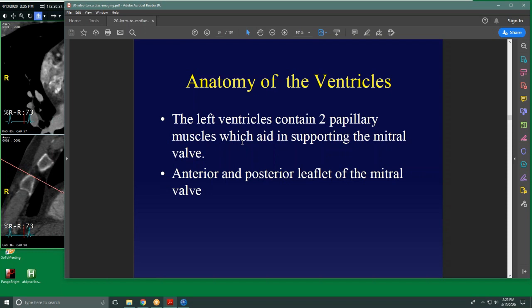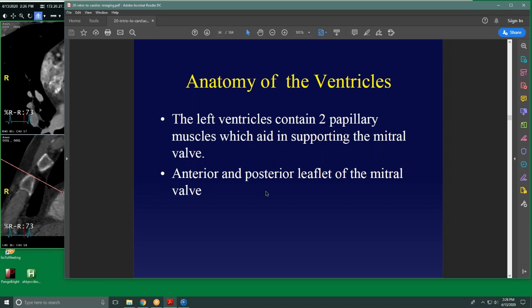So if the wall looks too thick on a non-gated study, sometimes I'll say it's not gated and you might want to get a cardiac echo just to see what it looks like. But if you've got a gated study, you can be more definitive and actually say the myocardium is abnormally thickened. Okay, talked about the papillary muscles.